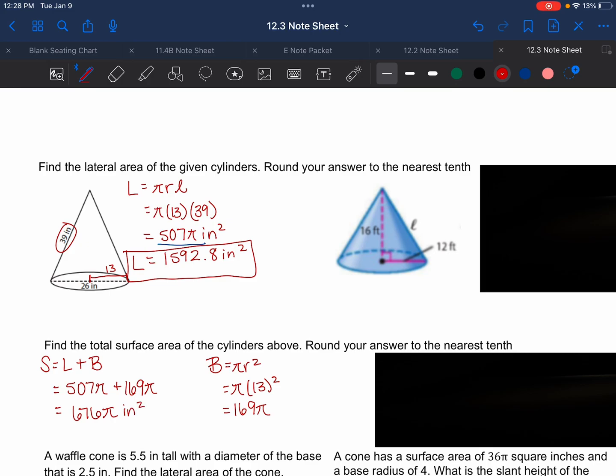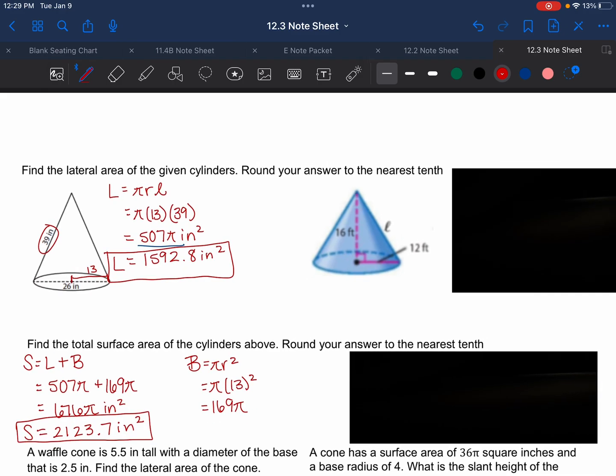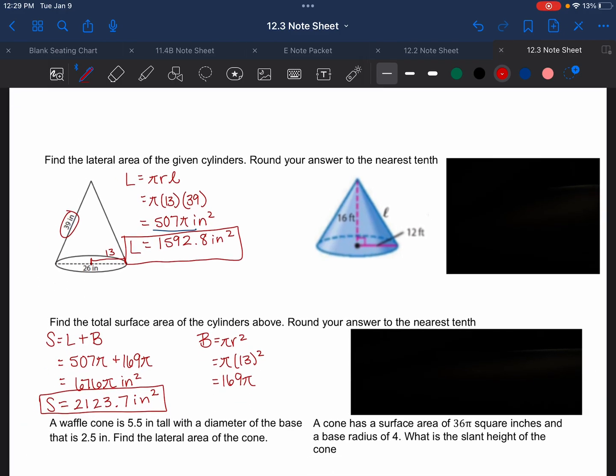But again, it's telling us to round to the nearest tenth, so I do 676 times pi and round to the nearest tenth, so I get 2,123.7 inches squared. And that would be my surface area of that cone. All right, I want you to pause here and try this second one on your own.